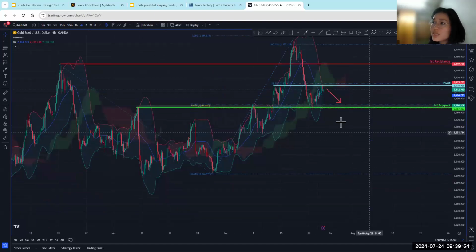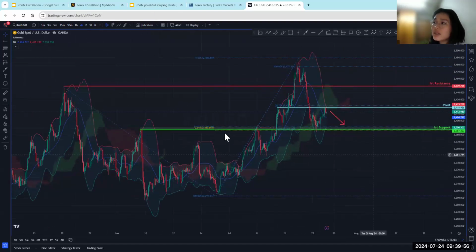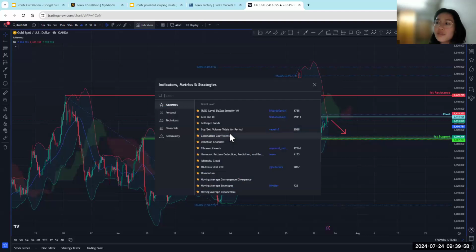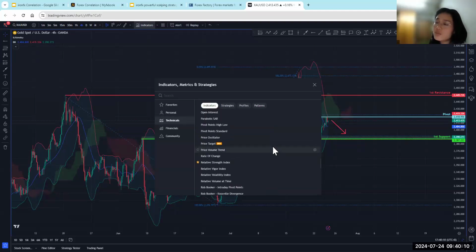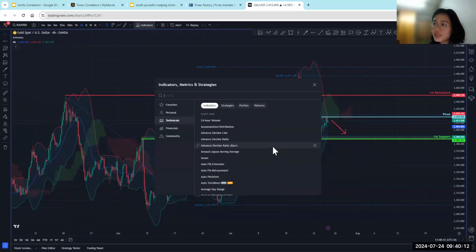So you can see I just interchange between about 5 of these indicators. Because there are many indicators out there that you can use, and half of them will give you a bullish signal and half will give you a bearish signal.